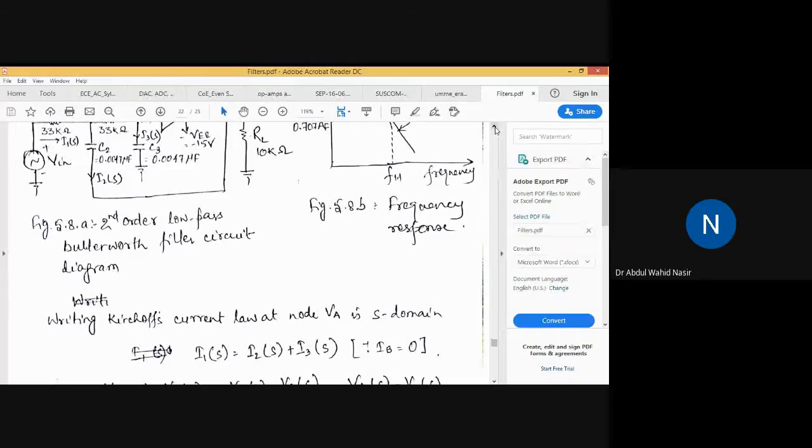Then we can correlate and find the frequencies. So now let's start our derivation. For the second order low pass Butterworth filter, we will do our mathematical calculation in the Laplace domain, in the S domain.